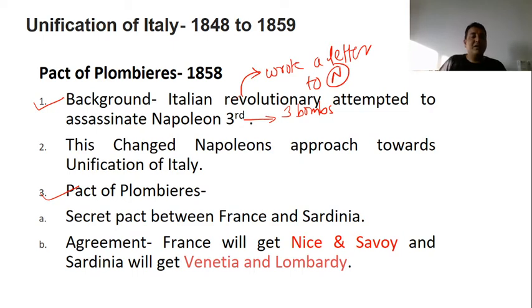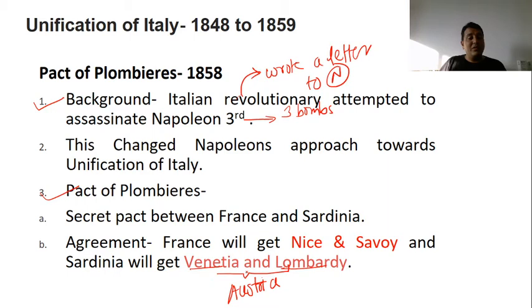That agreement was basically that Cavour asked for the help of Napoleon to grab Venetia and Lombardy. Venetia and Lombardy were provinces of Austria, and they were Italian speaking provinces, so Cavour wants the help.